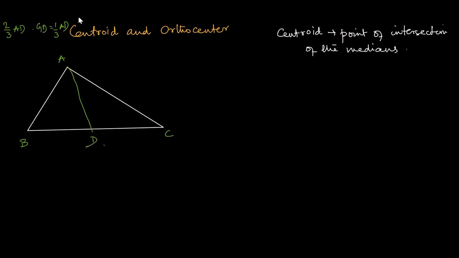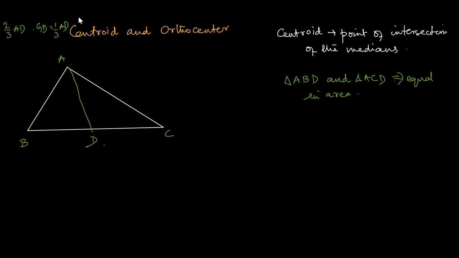Now, what can you tell about triangle ABD and triangle ACD? That they are divided into two equal parts. Very good. Because the height is the same and D is the midpoint, so half base into height would be the same value for both triangles, right? So that means they are equal in area.